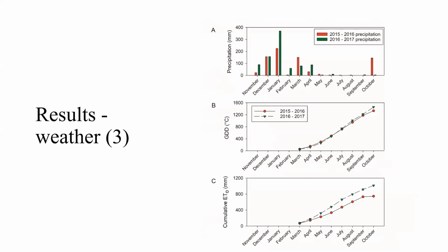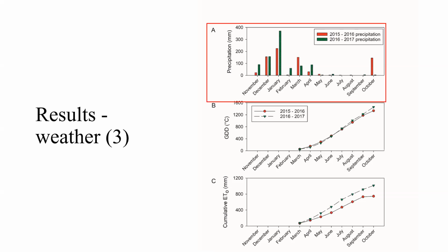The weather between these 2 years was similar. The only differences were observed in the precipitation amounts, where the amount in the dormant season prior to 2016 was about 560 millimeters. However, this amount was about 900 millimeters in the 2016 to 2017 dormant season. Summers were dry, of course.